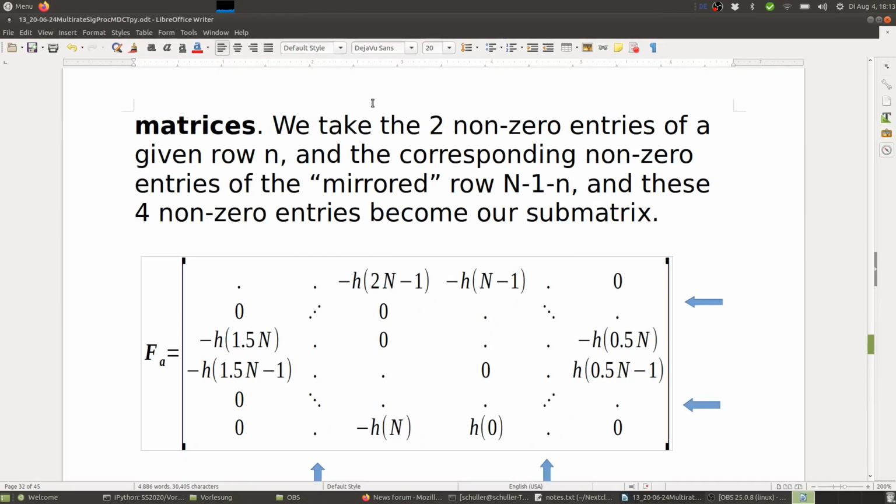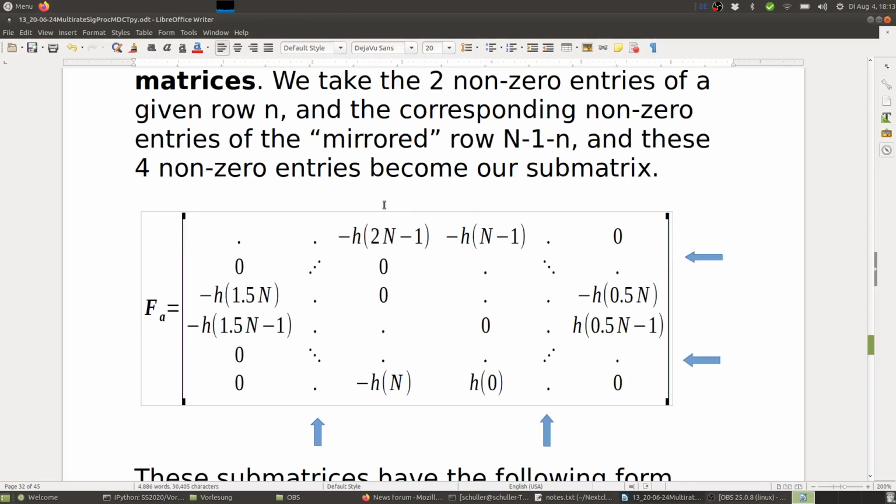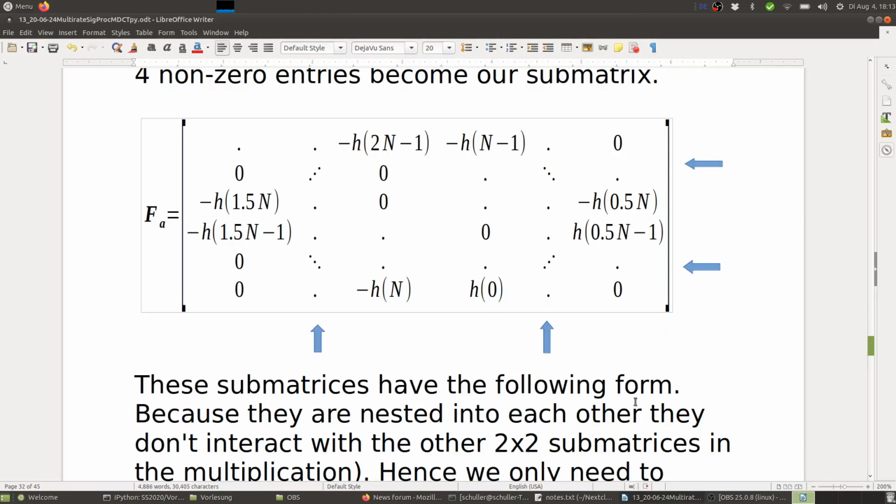We take the two non-zero entries of a given row n and the corresponding non-zero entries of the mirror row N minus 1 minus lowercase n, and these 4 non-zero entries become our submatrix. So for instance, these 4 here, right? Or these four, or somewhere in between, right? We have lots of nested 2x2 submatrices.